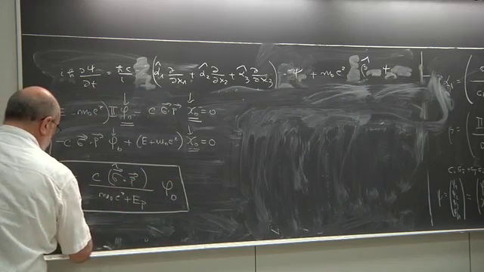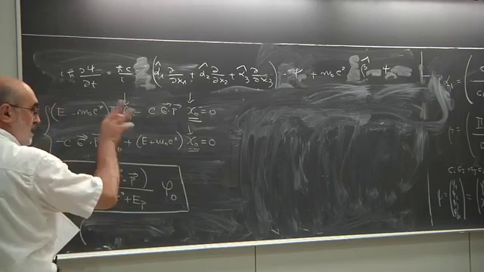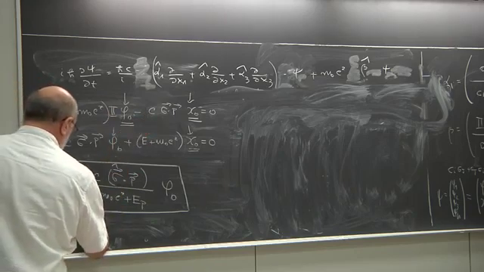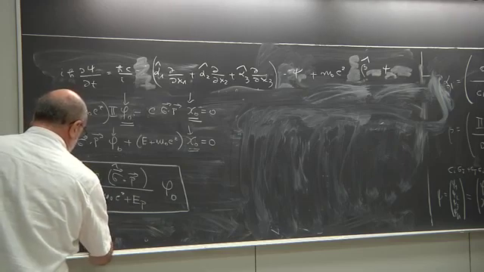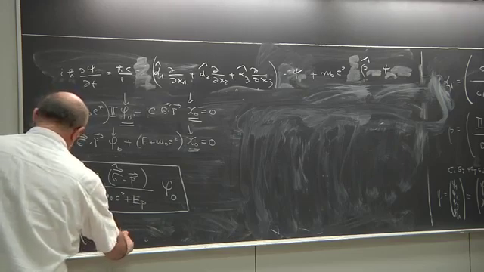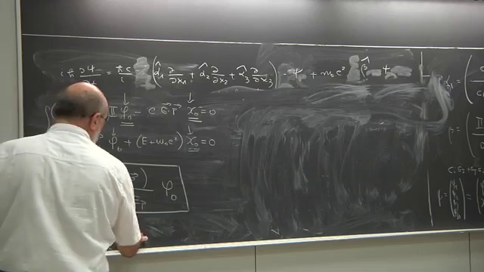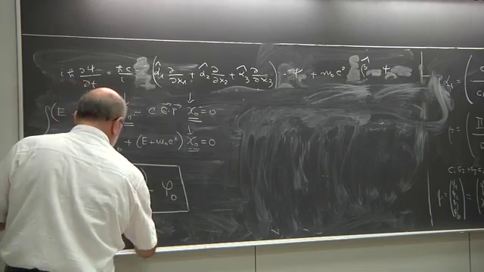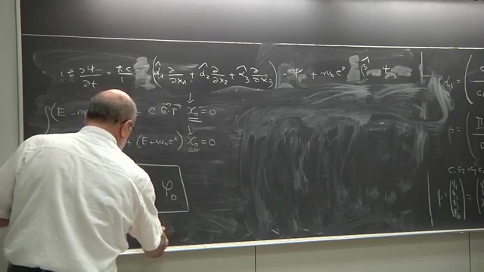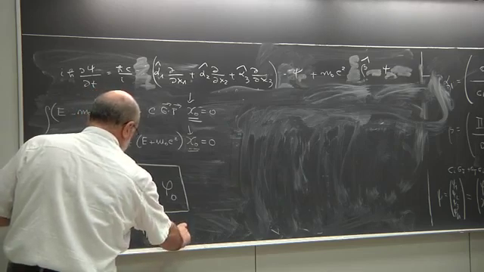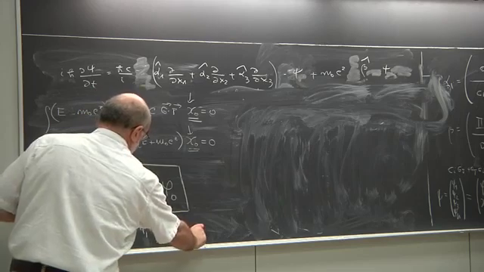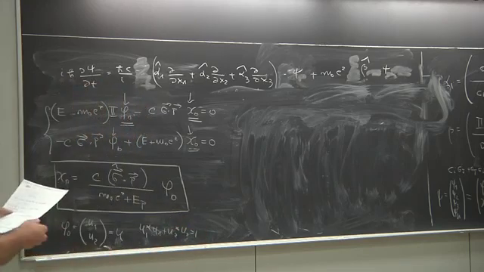So phi0 is a constant 2 by 2 vector, so it can be described by two numbers, u1, u2. Call this u. And then we will require also that it is normalized, so u1 star u1 plus u2 star u2 equals 1. Let's make this choice.